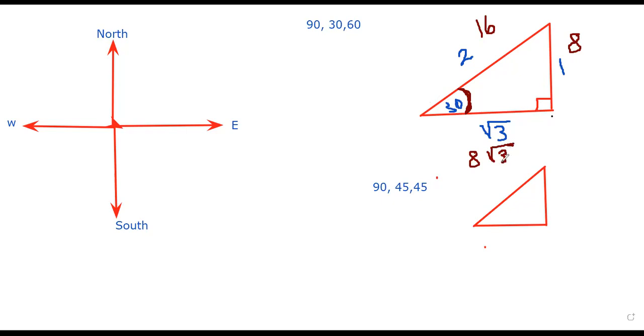If you have 8, you multiply by 2 to get 16, and then you multiply 8 by root 3 to find the longest side. So the key for this question is the side opposite to 30 degrees. Again, the key is the side which is opposite to 30 degrees.